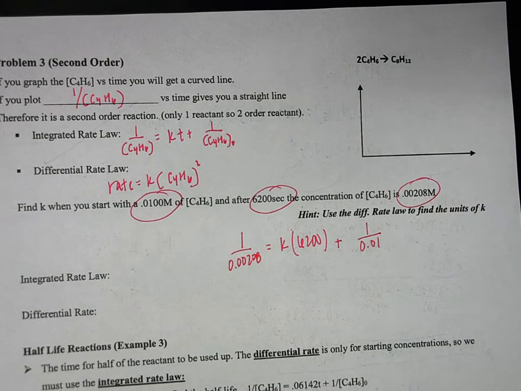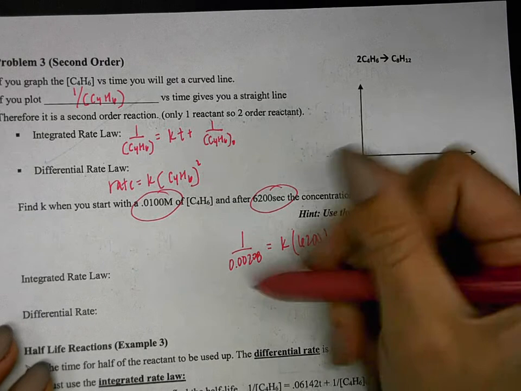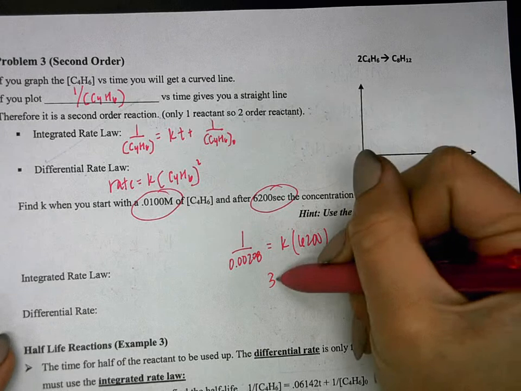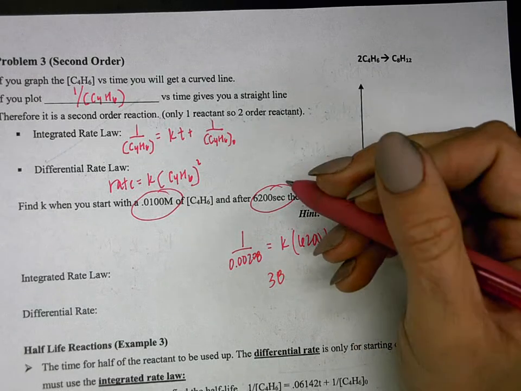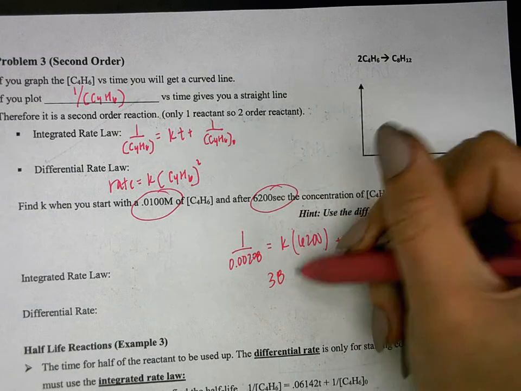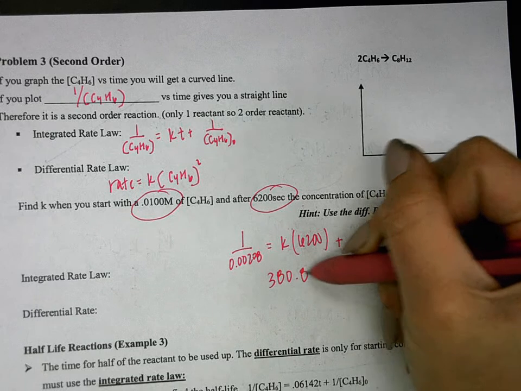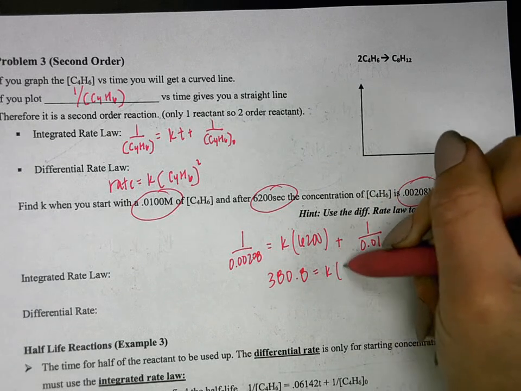So I'm going to do it all at one time: 1 divided by 0.00208 minus 1 over 0.01. I take that over, and I get 380.8 equals K times 6,200.